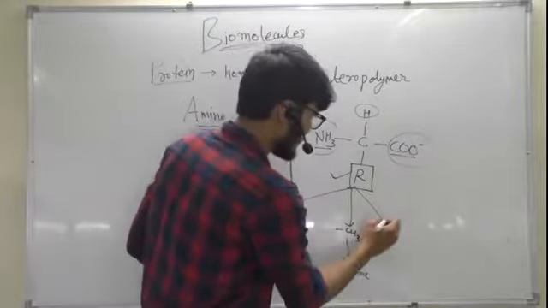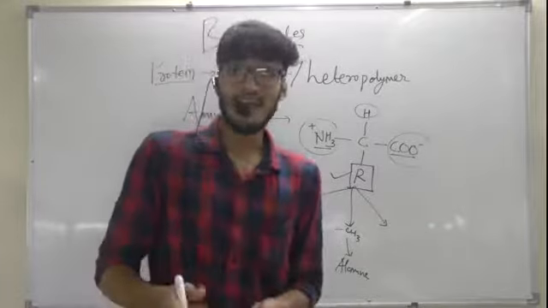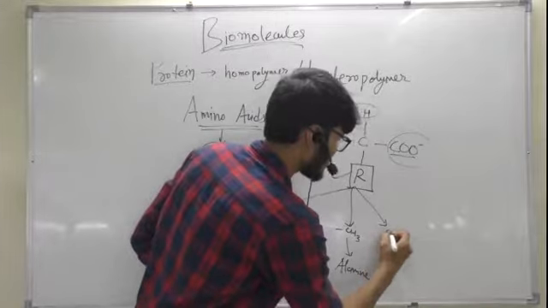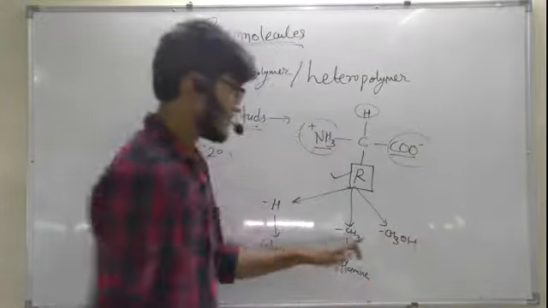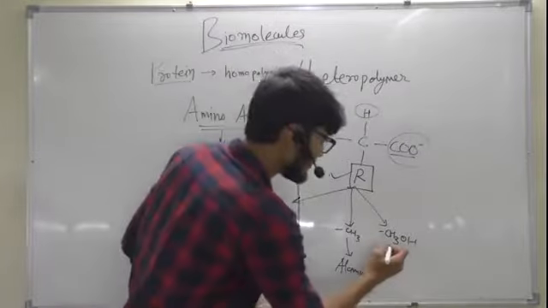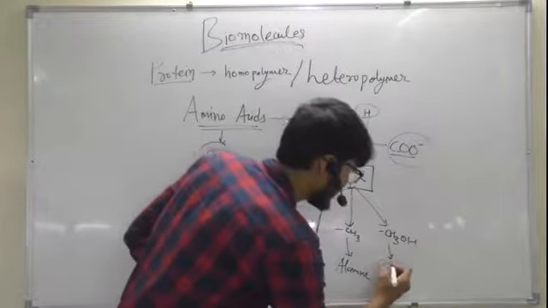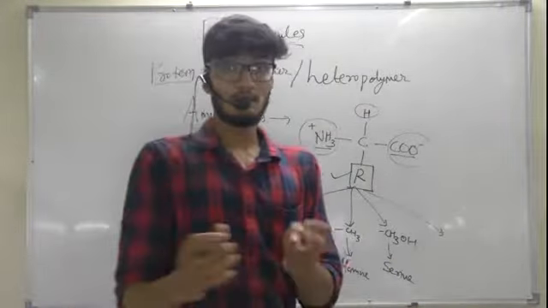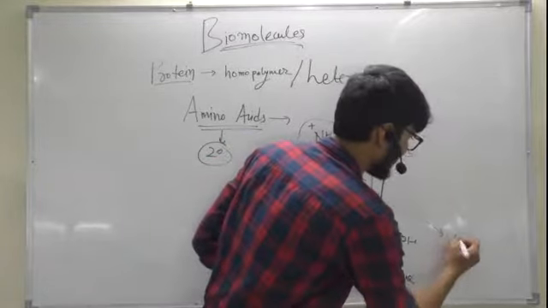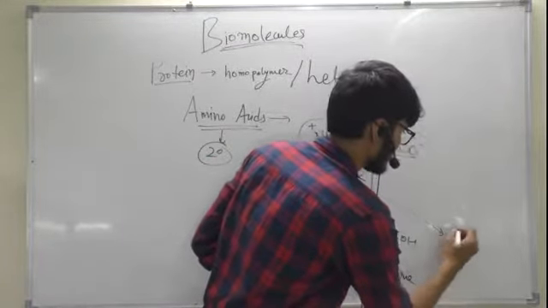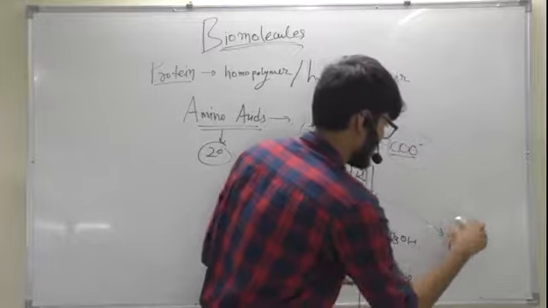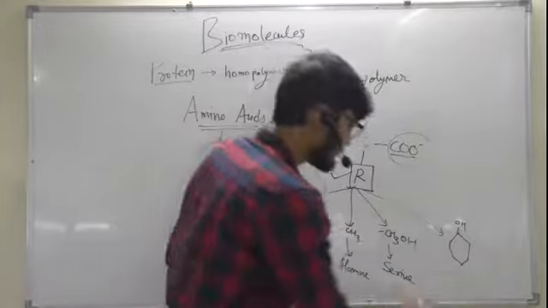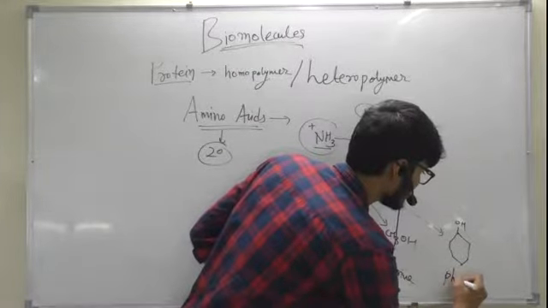If the R group is some complex moiety, like CH3OH, as it contains a hydroxyl group, it will be serine. If it contains any other aromatic group, like this kind of benzene ring which is attached to the hydroxyl group, it will be known as phenylalanine.